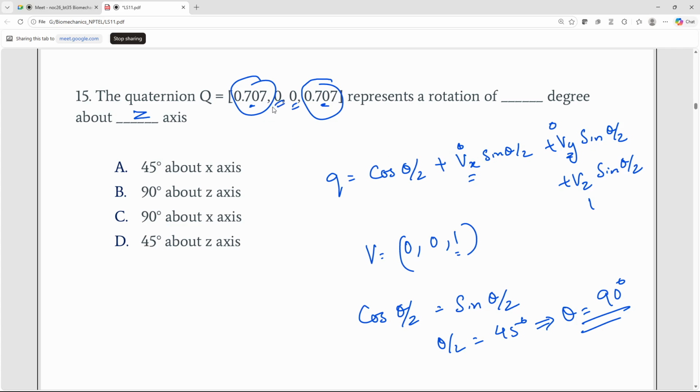Since we have two zeros, we can simply say the x and y components are 0, only the z component exists. So it is about the z axis, and when cos theta by 2 and sin theta by 2 are the same, from that itself you can find the degree also. So option B is our correct answer. 90 degrees about the z axis.